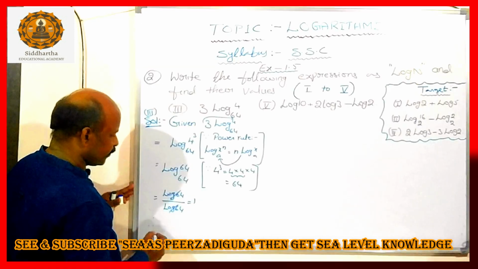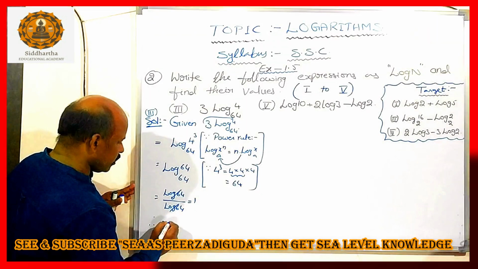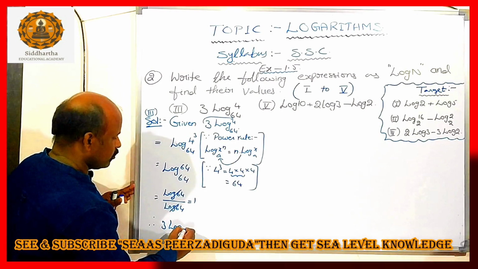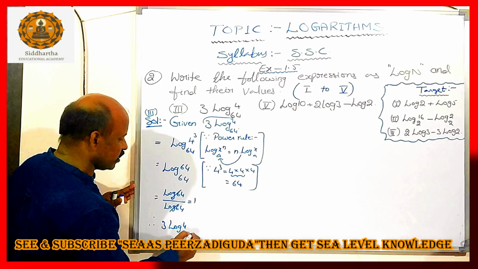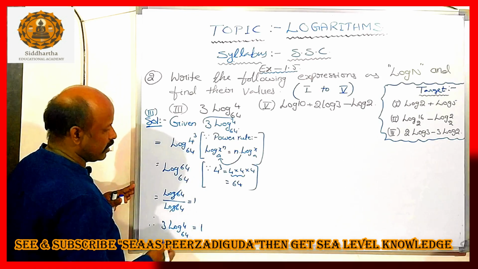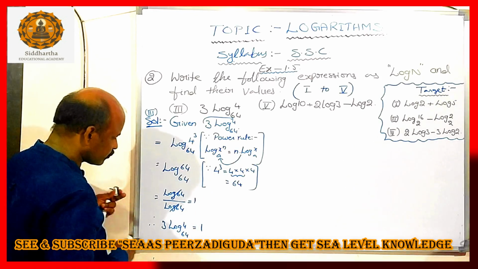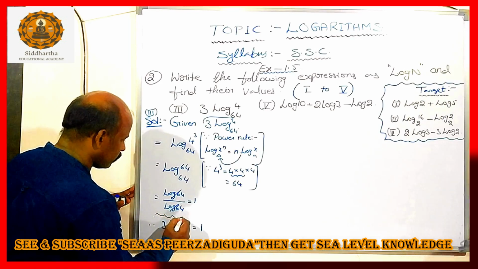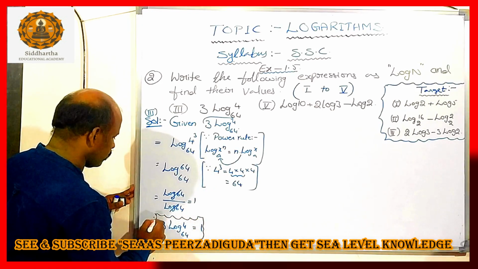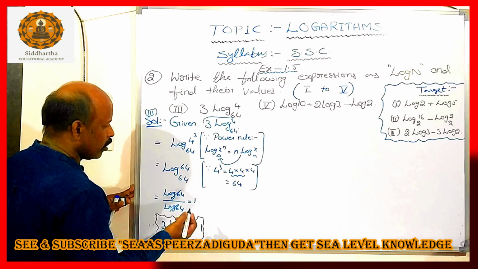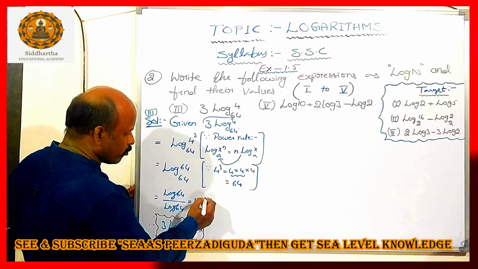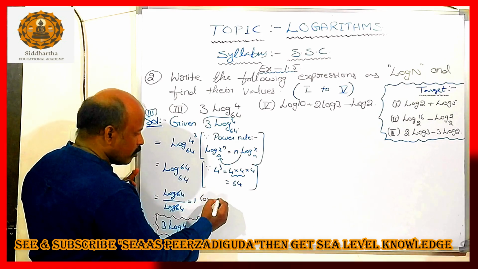So therefore 3 log 4 base 64 is equal to 1. So the answer is what? 1. Or we can write it another way.